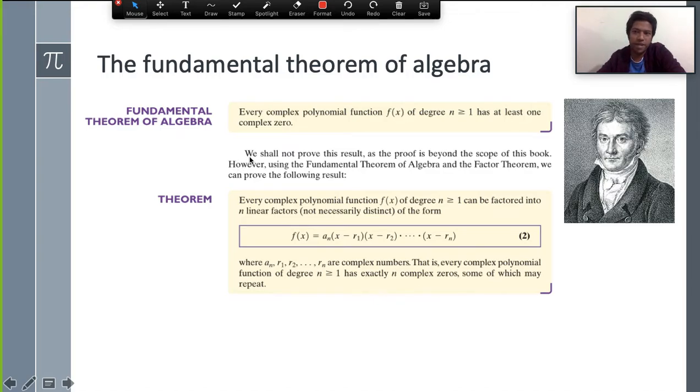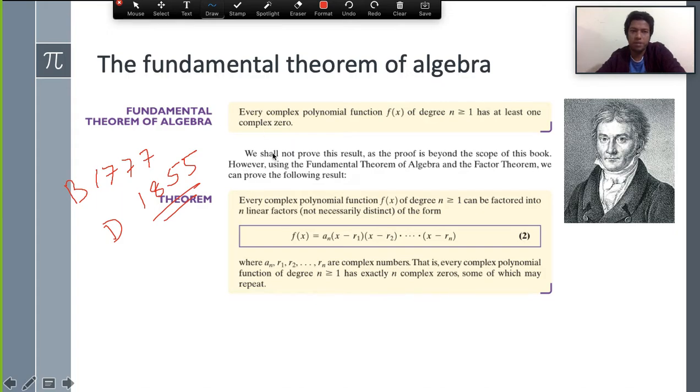Some people have extreme talent in something; this guy had extreme talent in mathematics. His name is Carl Friedrich Gauss. He is from Germany. This is his birth year, and this is the year when he died, 1855. This is where he died, and this is where he came to the world.